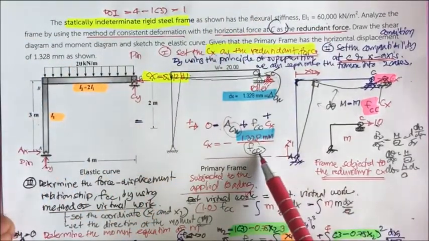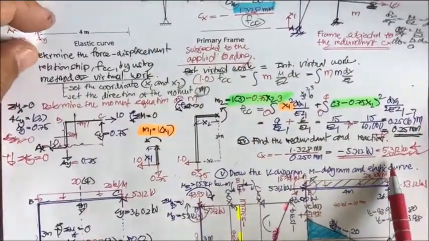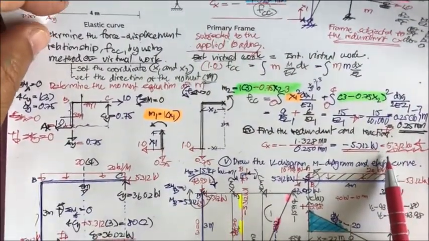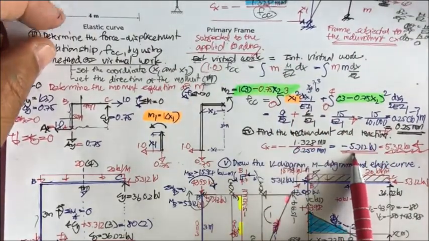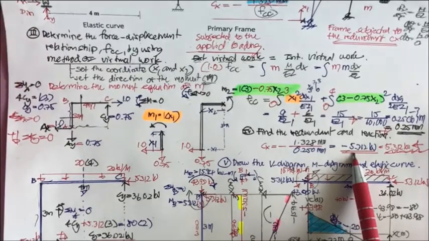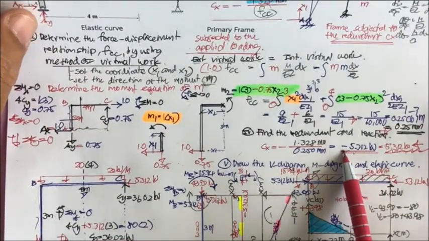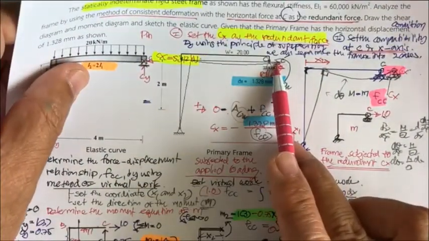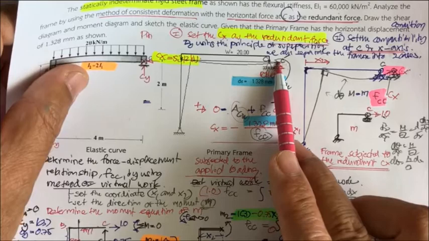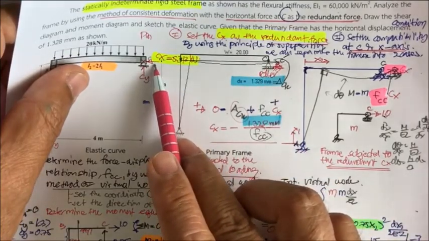When you find F sub cc, you can plug it back and plug this one back, and then you get this redundant force. If this is negative, then what was assumed is incorrect, and the direction is reversed to this one.